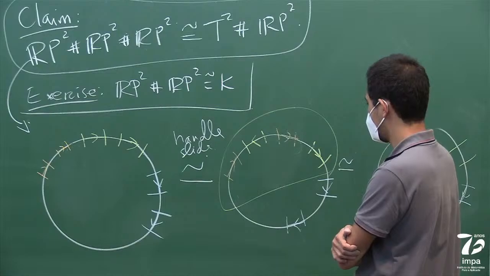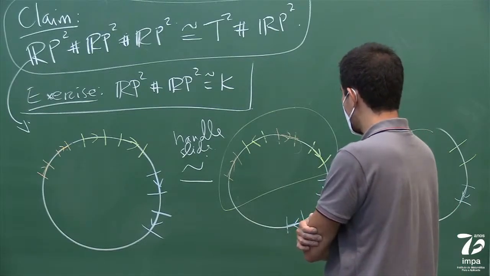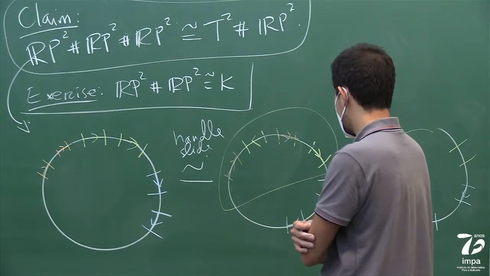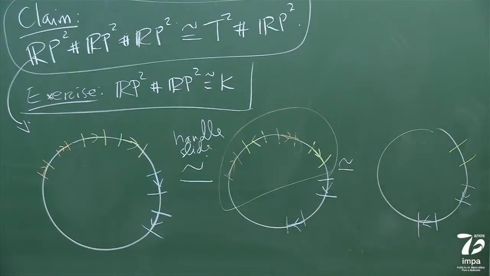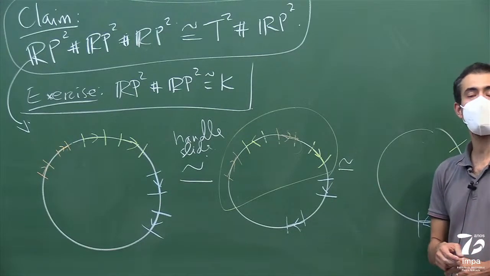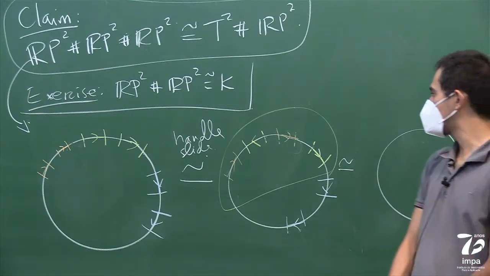I'm thinking about what's the best. If you want to see this as a shortcut, I don't think you can do that without using the blue guy. Because otherwise the Klein bottle would be diffeomorphic to the torus, which it's not. So this is actually not enough.